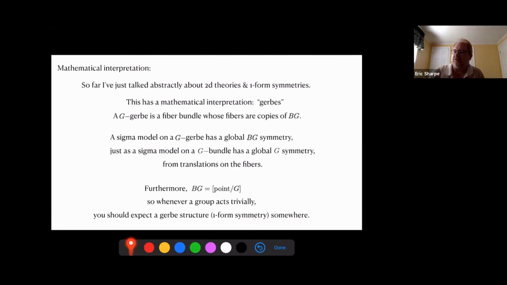Furthermore, one representation of BG is as the quotient of a point by G. A good intuition is that whenever you have a gauge theory in which a group is acting trivially, then the gauge theory is trying to implement this over every point of the Higgs branch. And so it's natural to expect that there ought to be some sort of gerbe structure or one-form symmetry lurking somewhere in the theory, unless it's been obstructed for some reason.